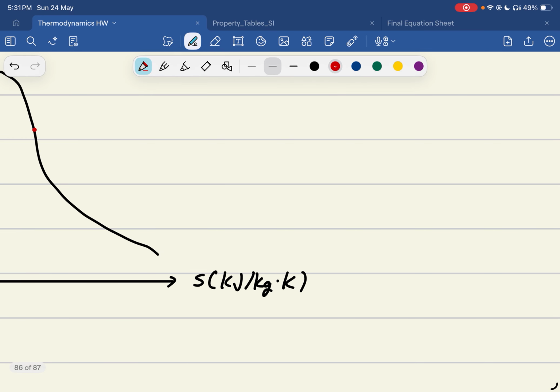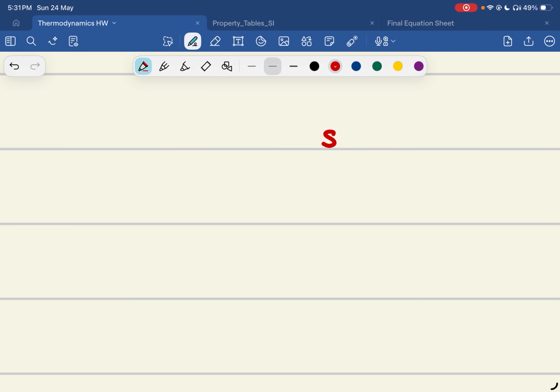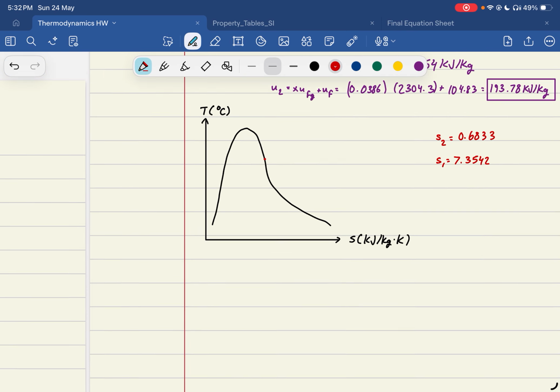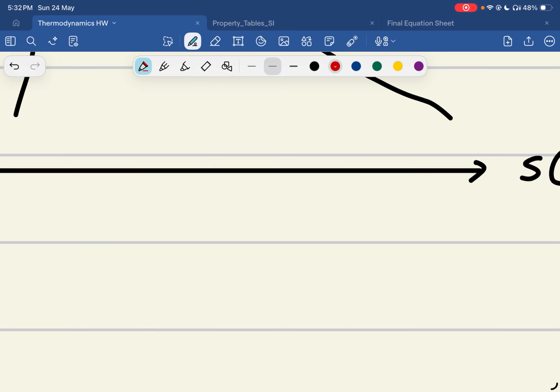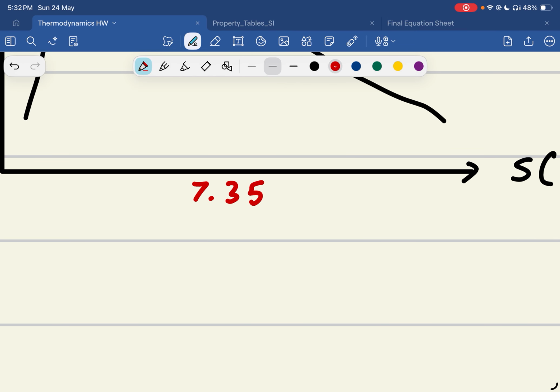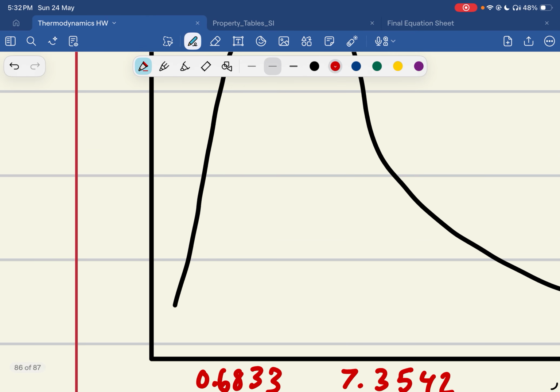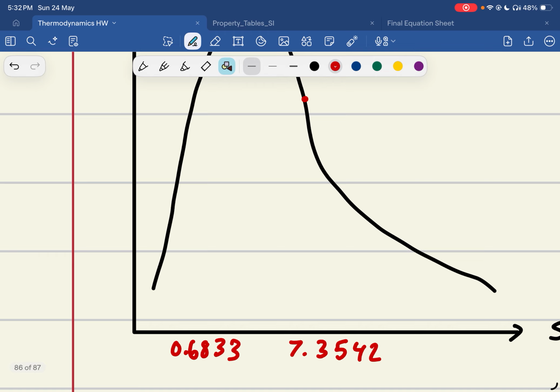So our S value should be, so S2 and S1, we have those values. So it's 7.3542 from the table. And we calculate this one, so it's 0.6833. Okay. And still a mixture, so let's just put this as 7.3542, 0.6833. So this is our top, 100, 25.